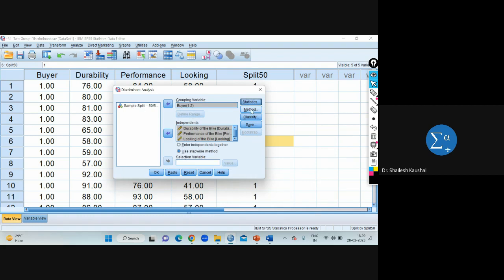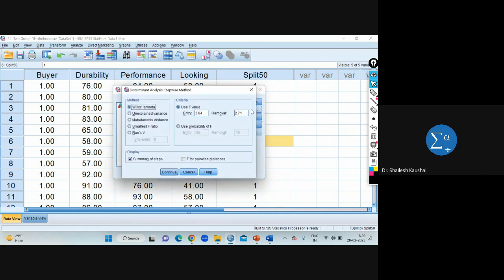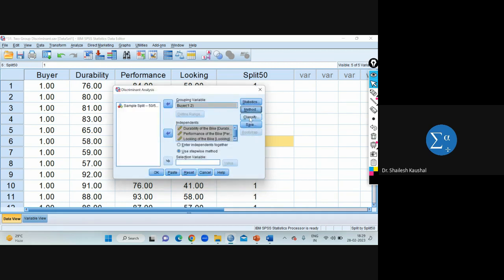After continue, press this button, Method. The method is Wilks' lambda by default. We do not need to change anything, just press continue, then Classify.